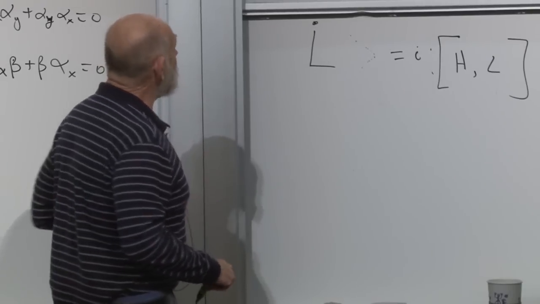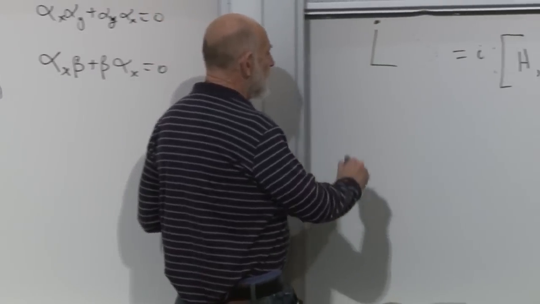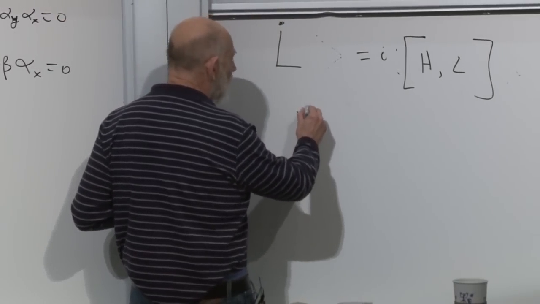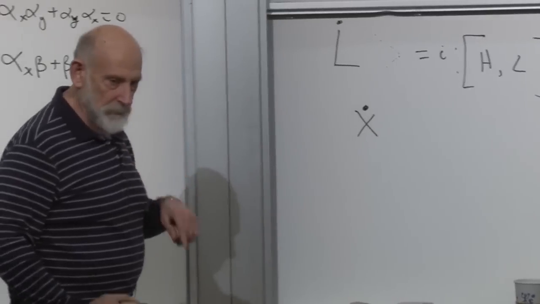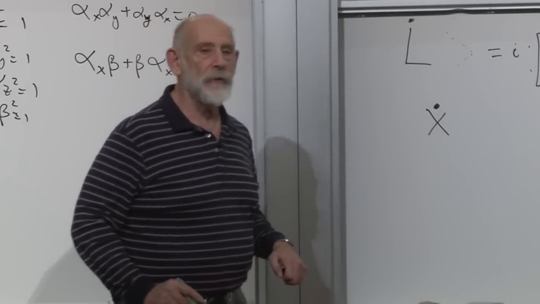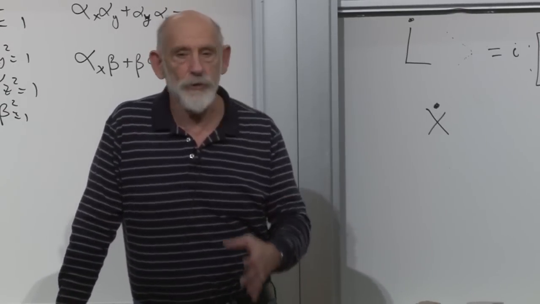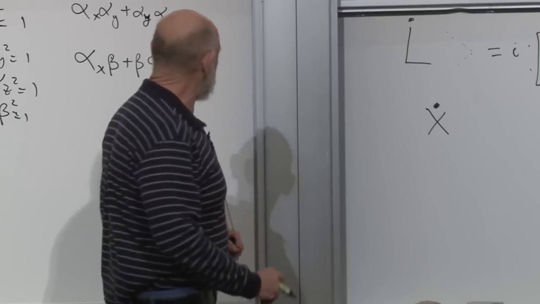Okay, let's take our Dirac particle and let's consider x dot. x is the x coordinate of the particle. And let's consider, using this formula, let's try to figure out what the velocity operator is. What's the operator which when you measure it, it gives you the velocity?